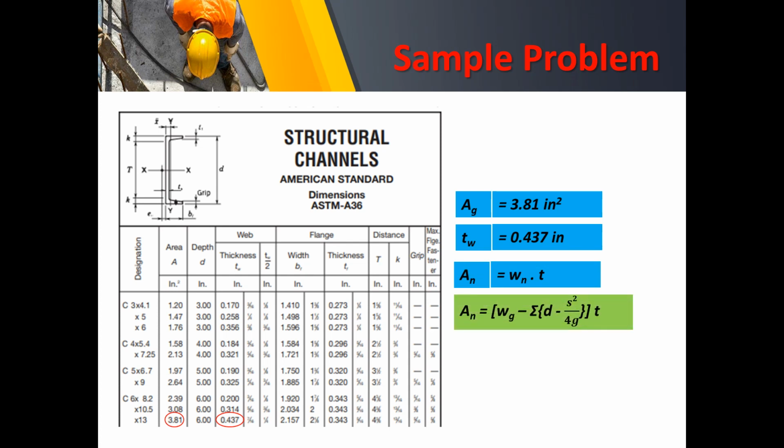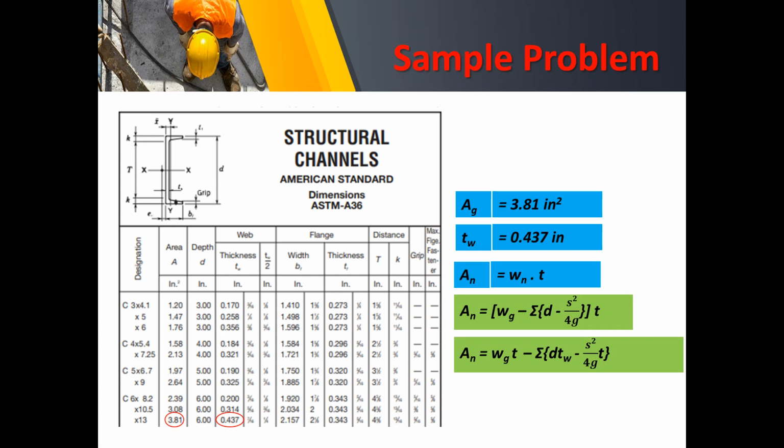So we will come up with this formula that A sub n is equal to the gross width minus the summation of d prime, just the same. Of course, this is the formula for the net width actually a while ago.